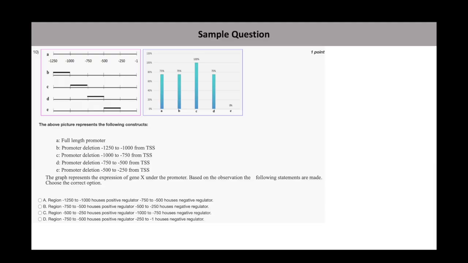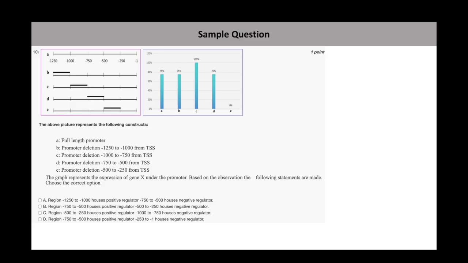Option A says that B is a positive regulator and from 750 to 500 it was D. So B is positive and D is negative, so this is incorrect. Option B says that D is positive and E is negative. Again, it is incorrect.